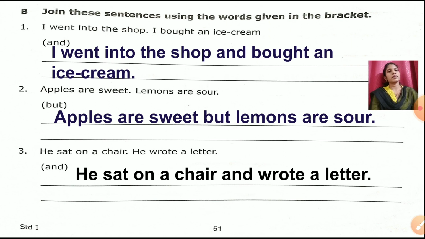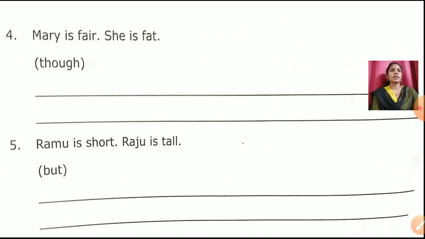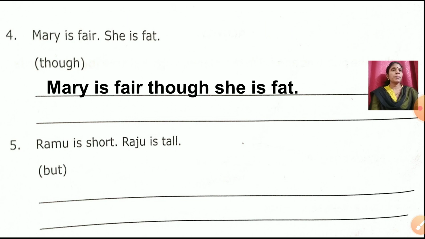Now, have you all finished this? See 3 sentences. Now, fourth one. Mary is fair, and the next one is she is fat. Here we are using "though". Mary is fair, though she is fat. Now fifth one.